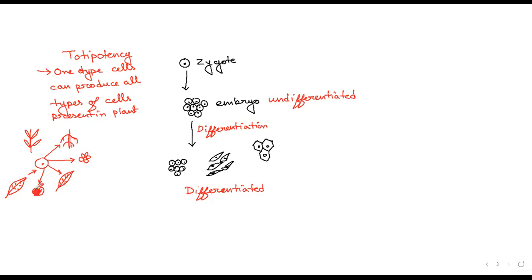So don't you think this is something great? Yes or no? This ability makes plants unique, and that is why, in spite of being a very complicated organism, they can reproduce via methods called cutting, grafting, layering.